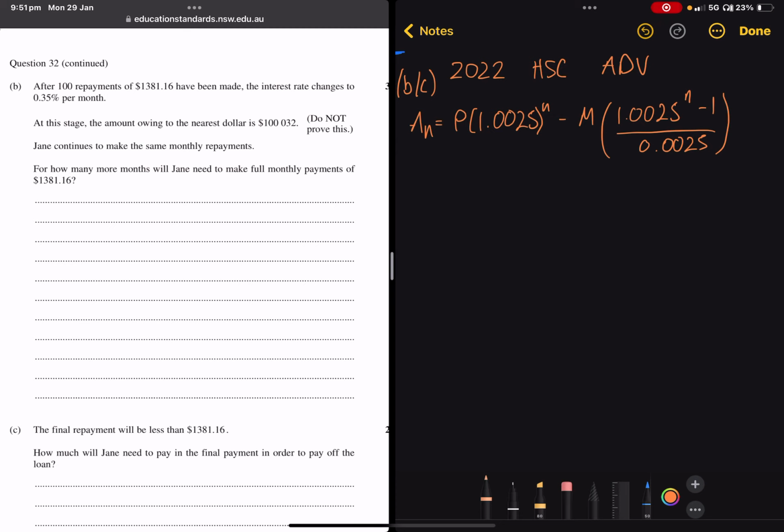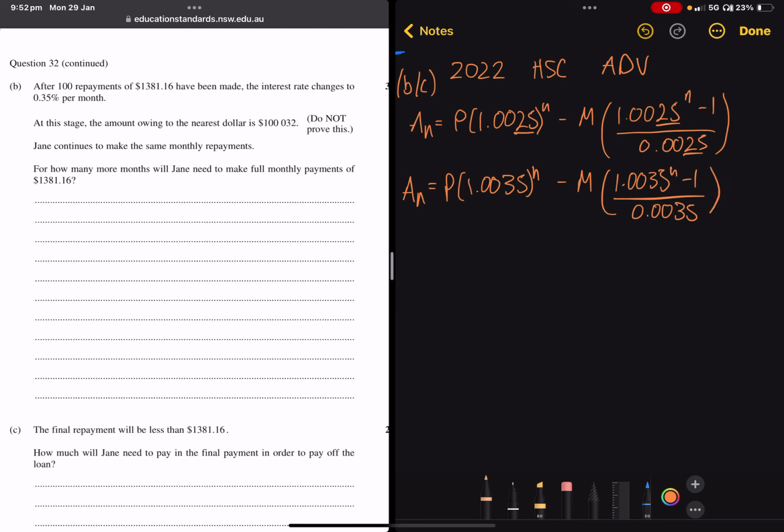In this formula, you see 3 iterations of 25. We're going to change these to 35. So A_N is equal to P times 1.0035 to the N minus M times (1.0035 to the N minus 1) over 0.0035.